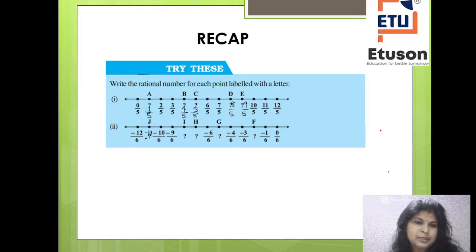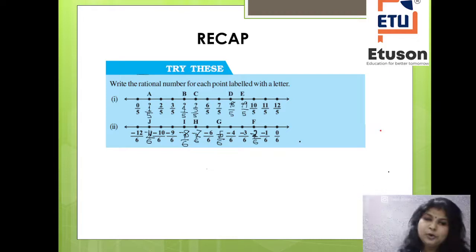In case of J it will be minus 11 by 6, and here it is minus 8 by 6, minus 7 by 6, minus 6 by 6, then minus 5 by 6, minus 4 by 6, minus 3 by 6, minus 2 by 6, then minus 1 by 6 and 0 by 6. All of you might have got the same answer because this question was very simple. I hope you have done it and verified your answer.